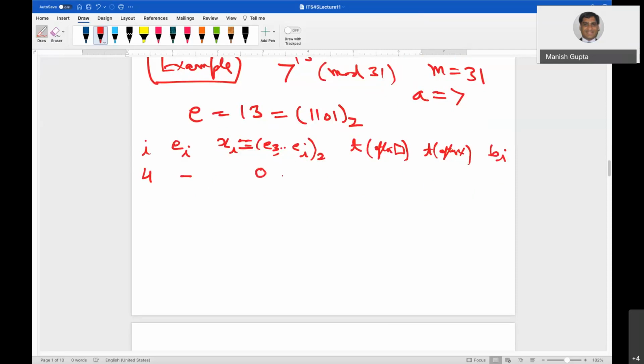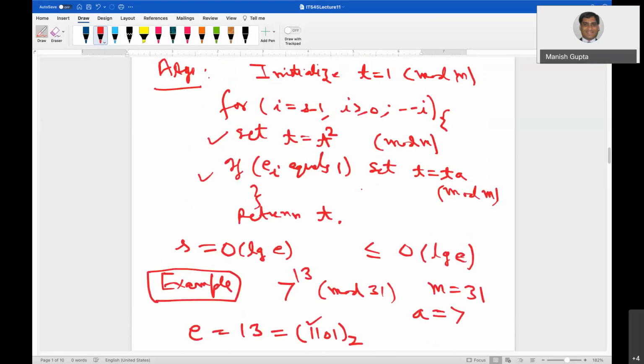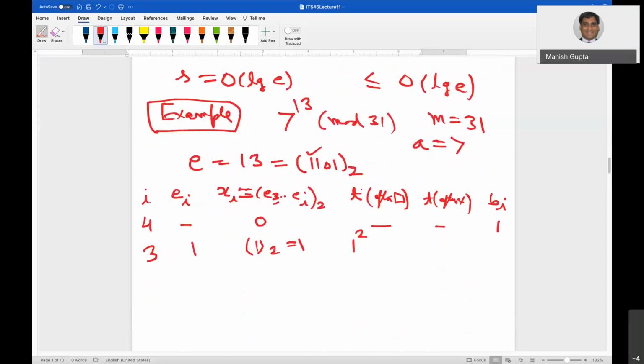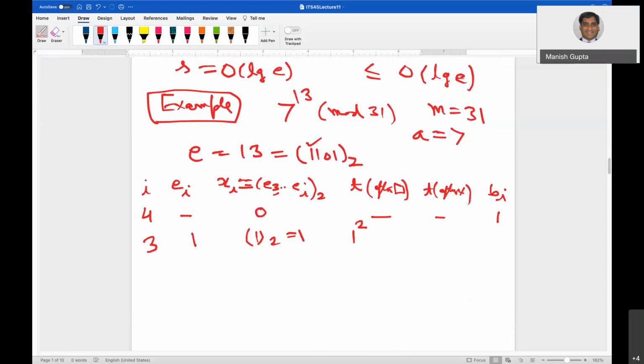This is 0. All these are blank. bi is 1. When i is 3, the first ei component is 1, so I'll use 1 here. So 1 at base 2 is 1. So here we have 1 square. Remember the algorithm was t square, right? We are squaring, and then reducing it modulo 31 is 1.